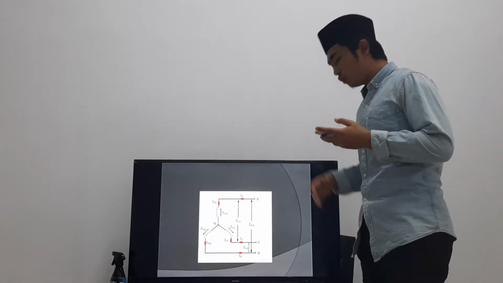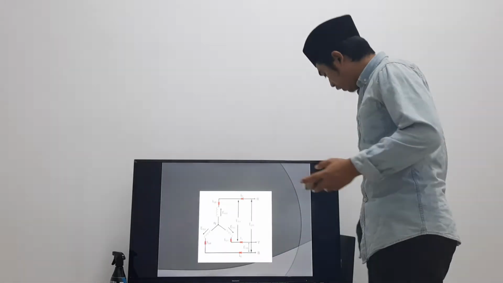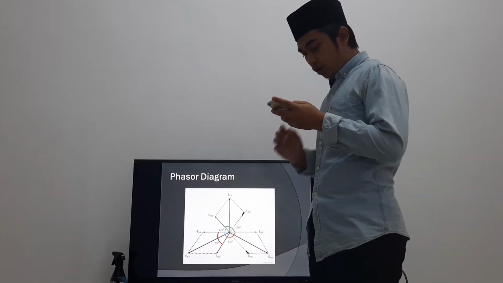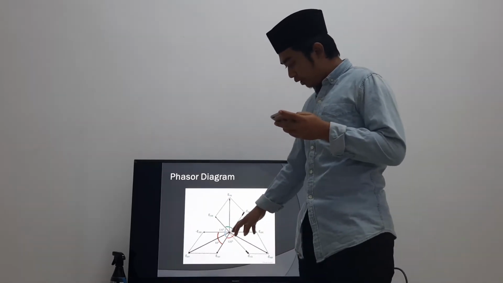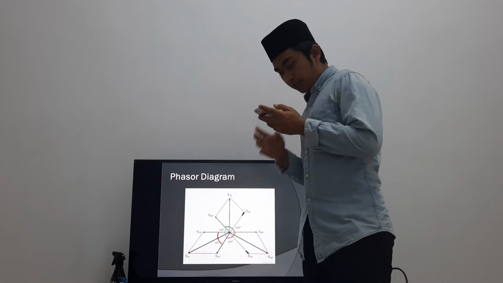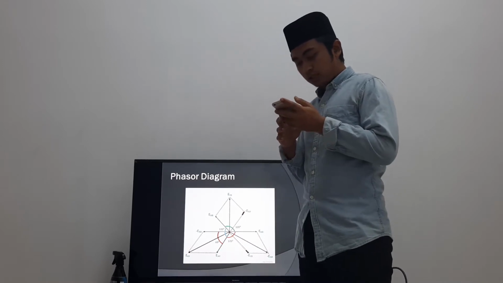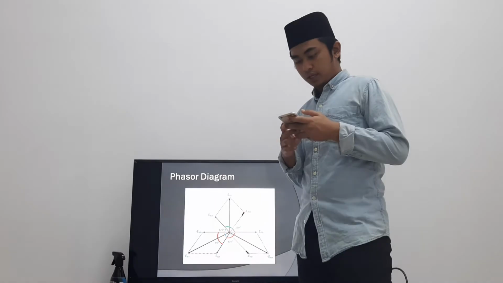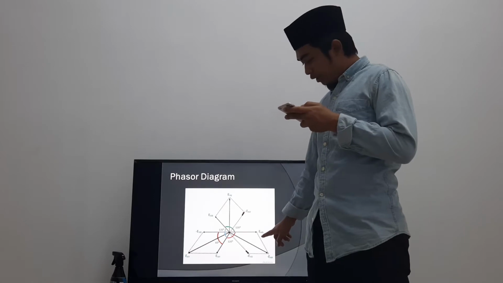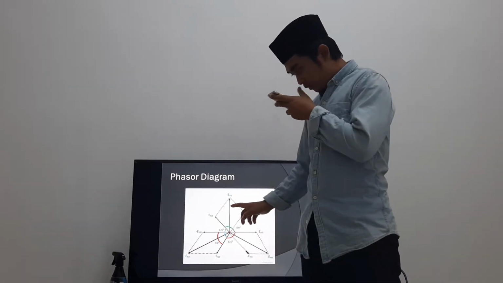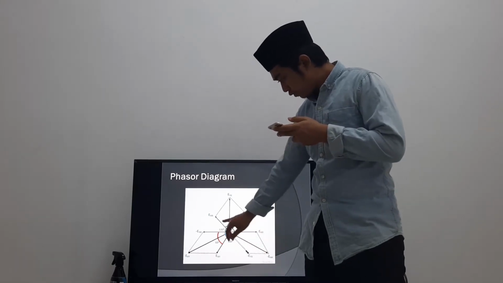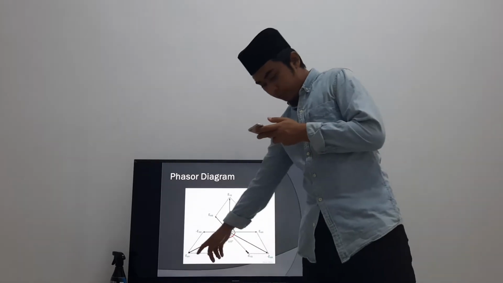The arrowheads of the EMFs and currents indicate direction, not the actual direction at any instant. Now E_NR equals E_NY equals E_NB, equal to E_ph in magnitude.